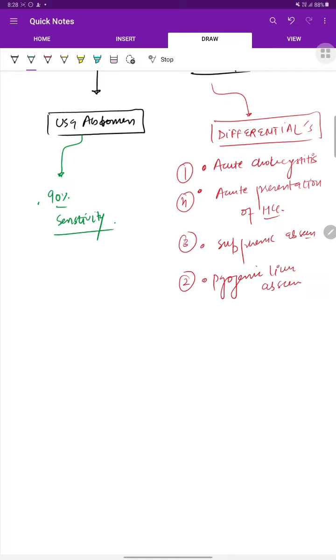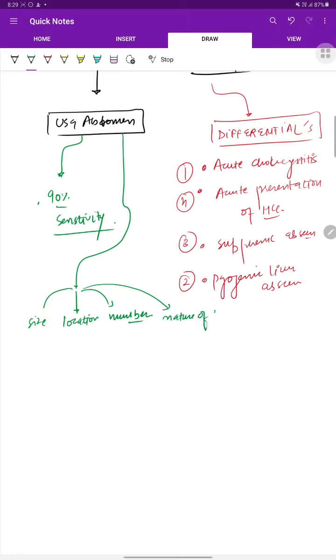From USG abdomen we can get the size of the abscess, location of the abscess, number, and nature of the liver parenchyma, how it is affected.